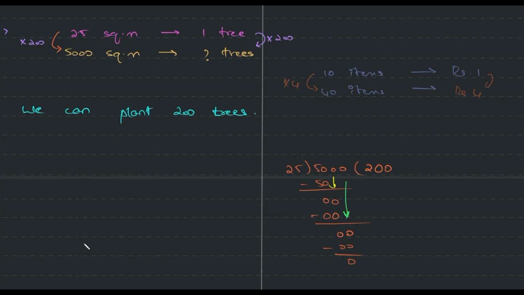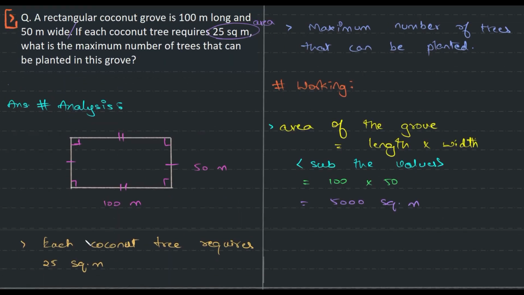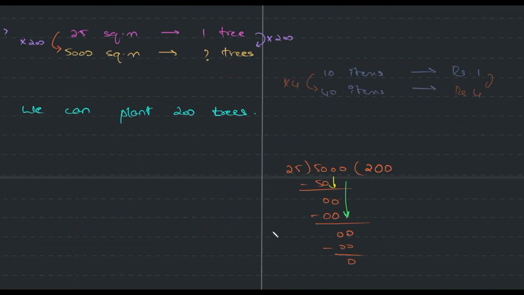That's that, right? So let's look at the question again. We are given a rectangular structure. For every 25 square meter, we have one tree that can be planted. Now we have 5,000 square meter, not 25 or 50. Within 5,000, how many trees can be planted? For every 25 square meter, it is one tree.